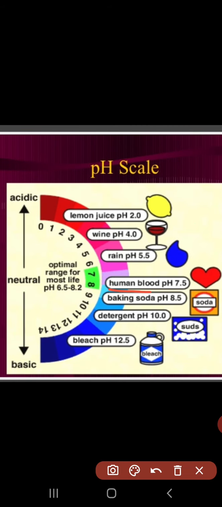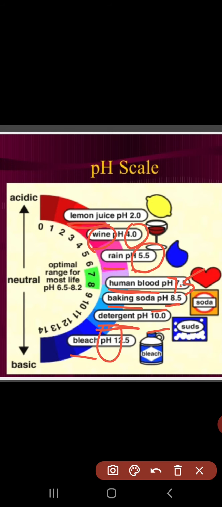The pH of human blood is 7.5. The pH of baking soda is 8.5. The pH of detergent is 10, that is, it is basic. The pH of bleach is 12.5, it is also basic. The pH of rain is 5.5, meaning it is acidic. The pH of wine is 4, it is also acidic.